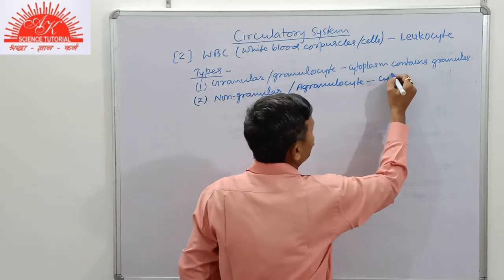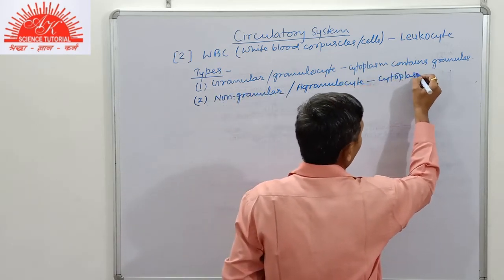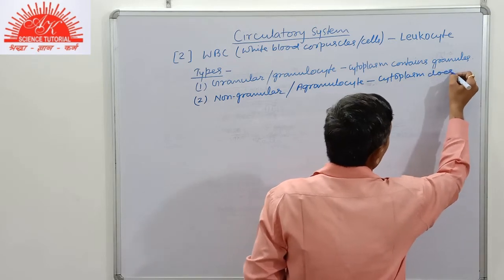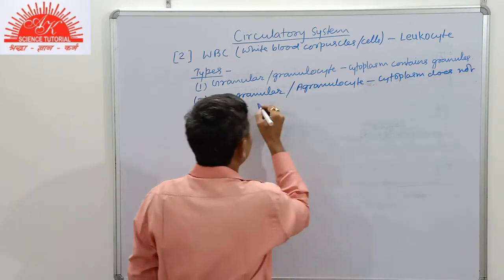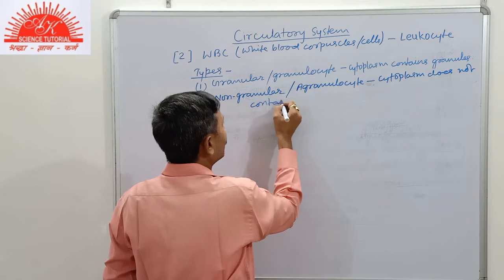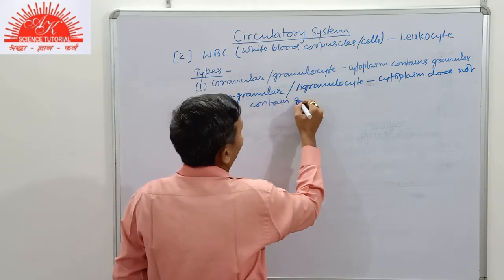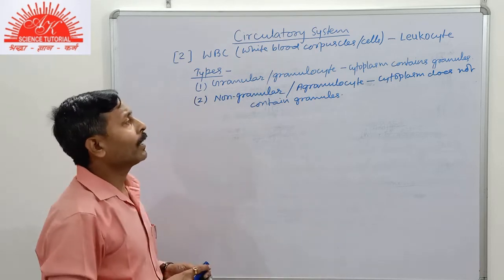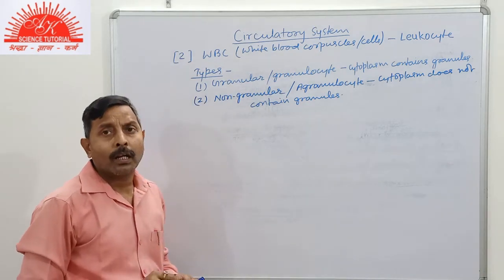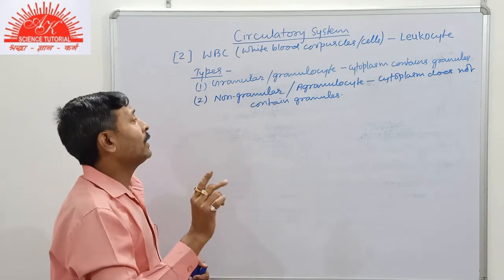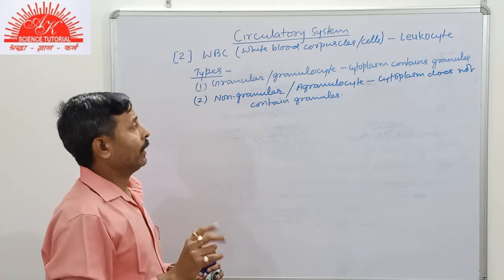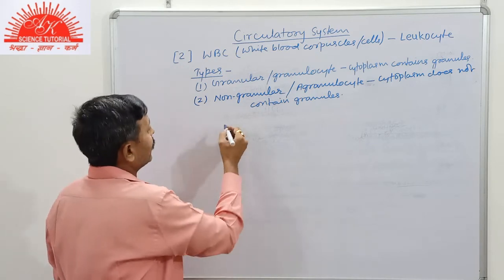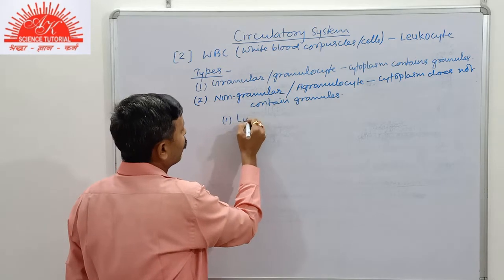That is, cytoplasm does not contain granules. Now it has two parts mainly. One is lymphocyte.